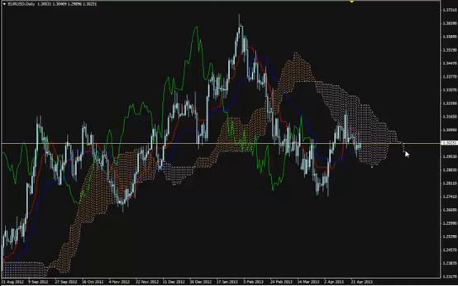So we have this crazy edge here, which is bullish, lower than the previous bearish Kumo, but definitely bullish.